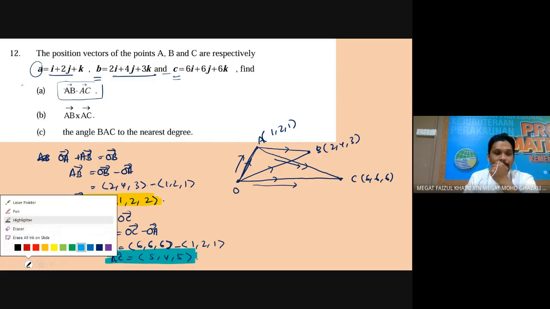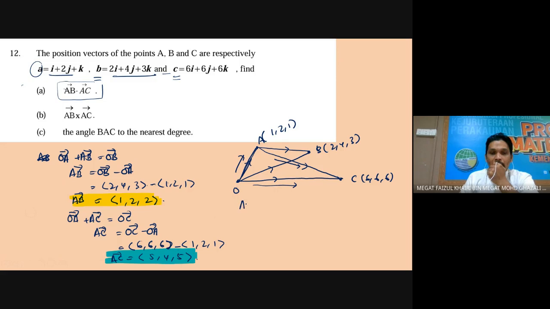So now AB dot AC, which is 1, 2, 2 dot with 5, 4, and 5. So 1 times 5 equals 5, 2 times 4 equals 8, and 2 times 5 equals 10. So 5 plus 8 equals 13, plus 10 equals 23.